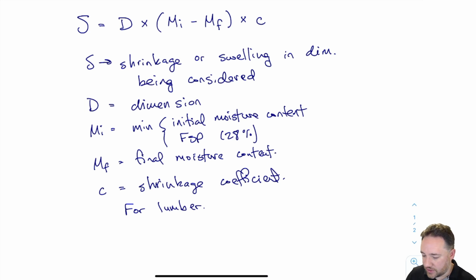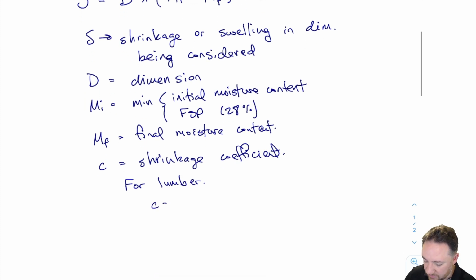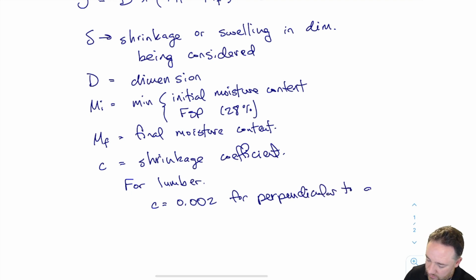But if we're talking about regular lumber, then it recommends that C is 0.002 for perpendicular to grain, and 0.0000405 for parallel to grain.